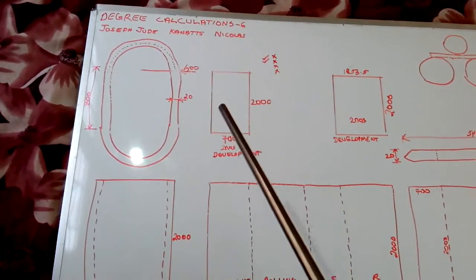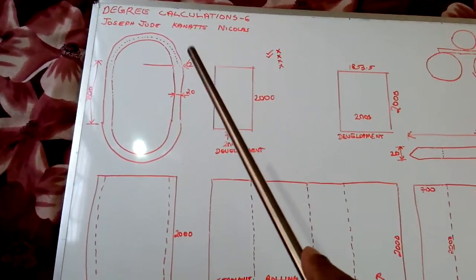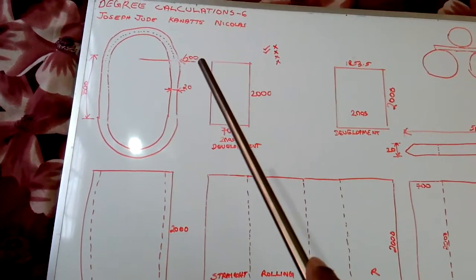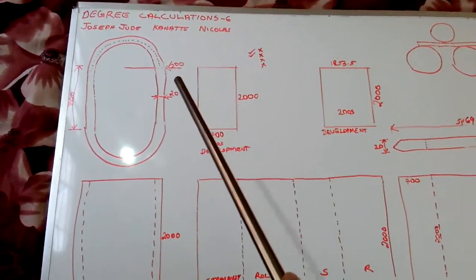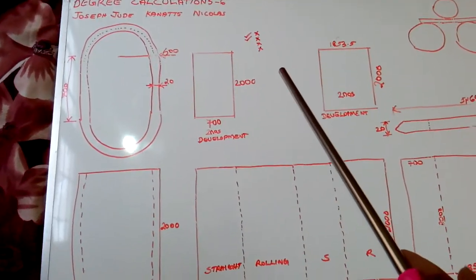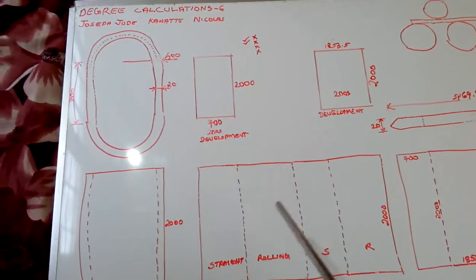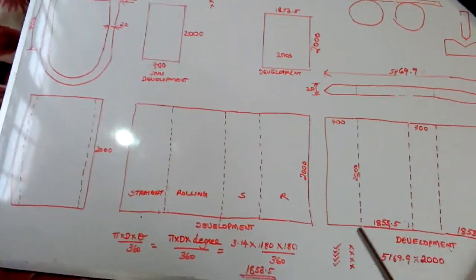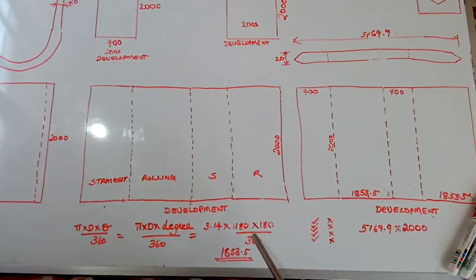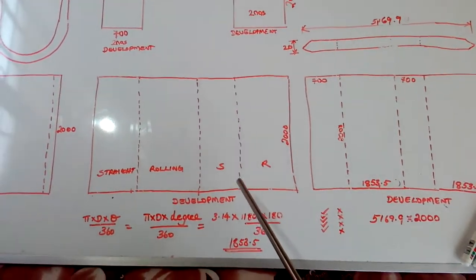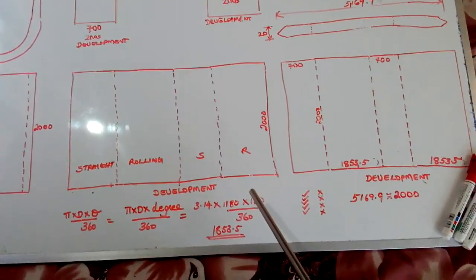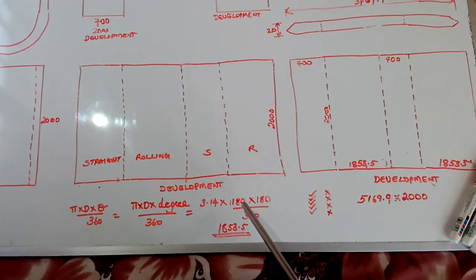From the major diameter we have decreased half thickness and again half thickness. 2 half thicknesses means 1 full thickness. So from the major diameter we have decreased 1 full thickness. So we get 1180. 1200 minus 20 is 1180.